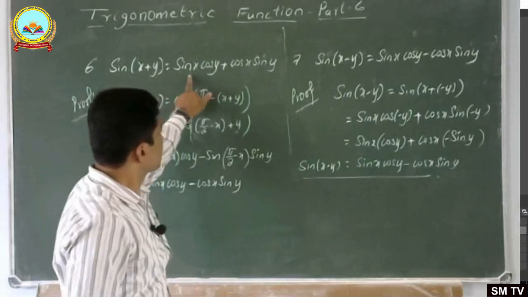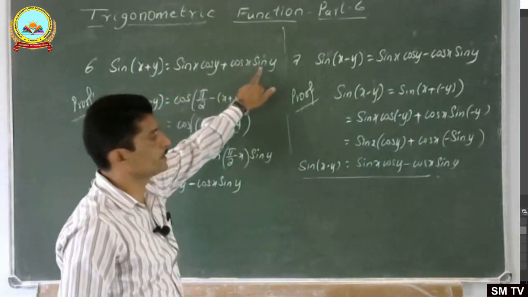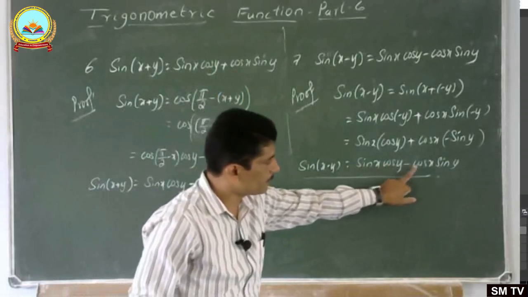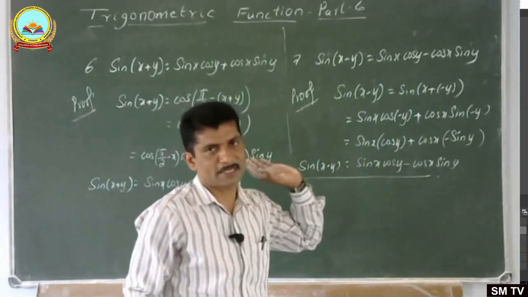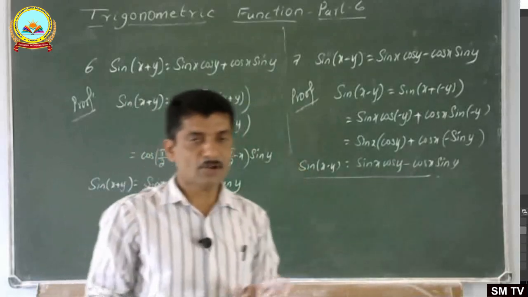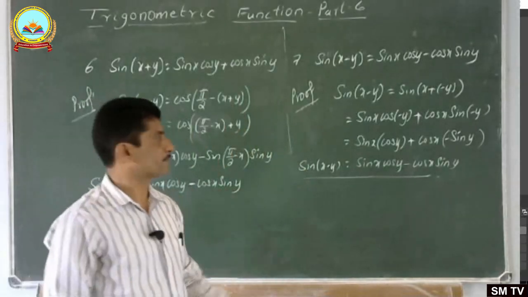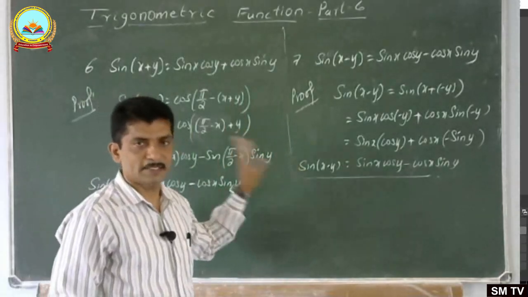Sine of x plus y, sine x cos y plus cos x sine y. Sine of x minus y, sine x cos y minus cos x sine y. These are the trigonometric ratios of x plus y and x minus y in terms of sine and cos.